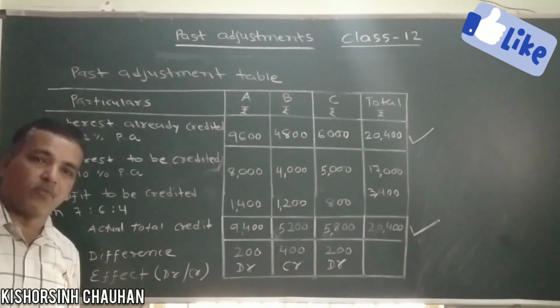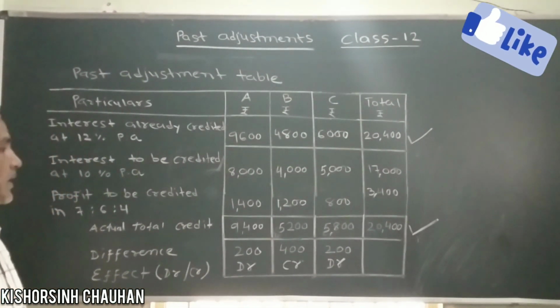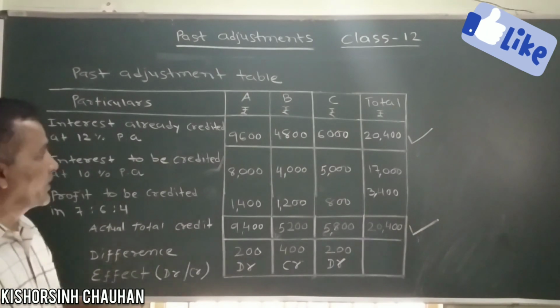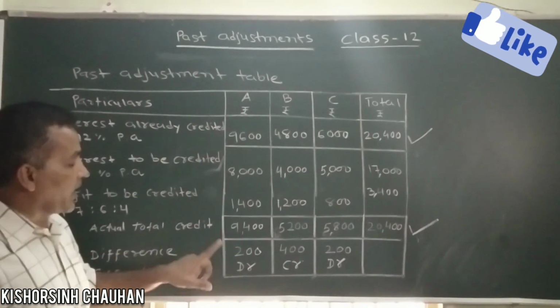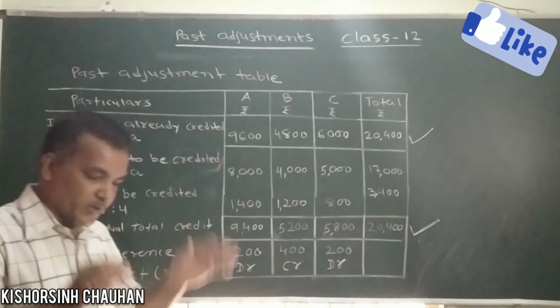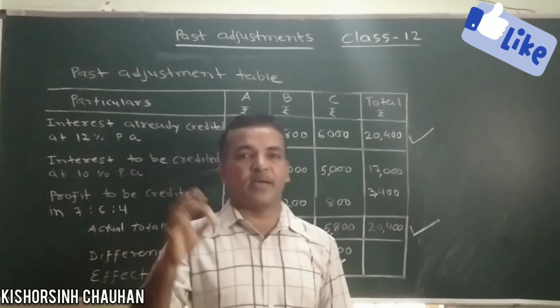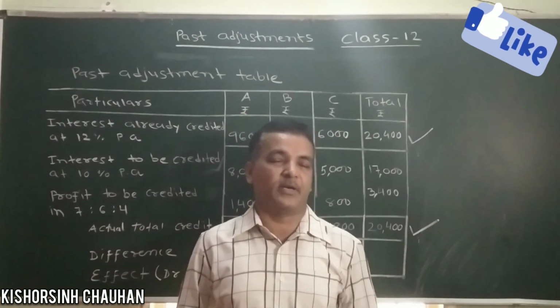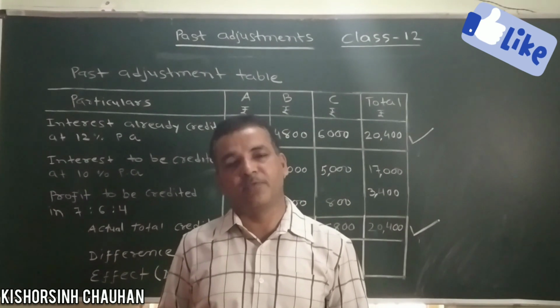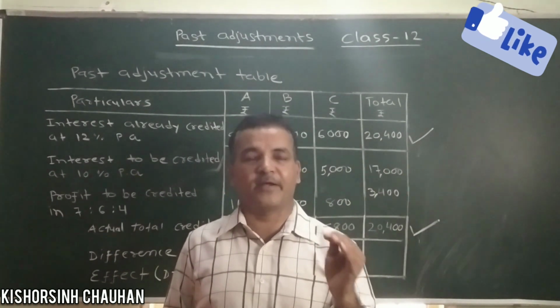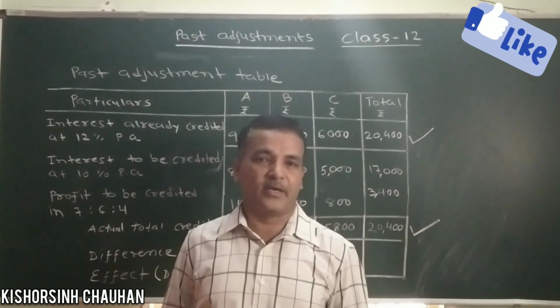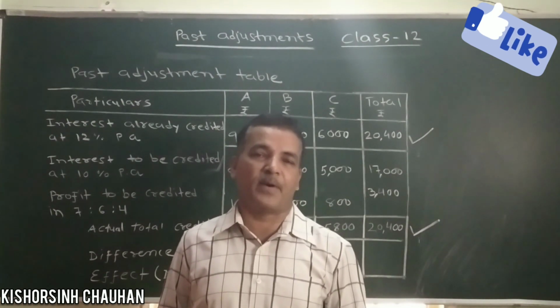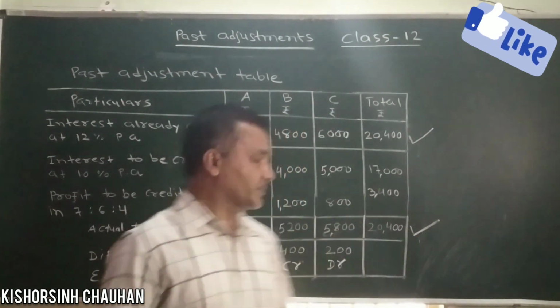So in this case, what will be the adjustment entry? So our adjustment entry would be A's capital account. Okay, one more thing. Here they have fixed capital. And when the capital is fixed, that means we open current account. So here adjustment entry we will pass by current account.